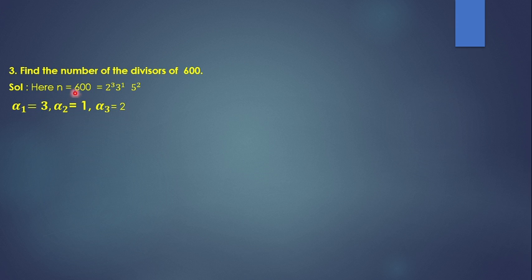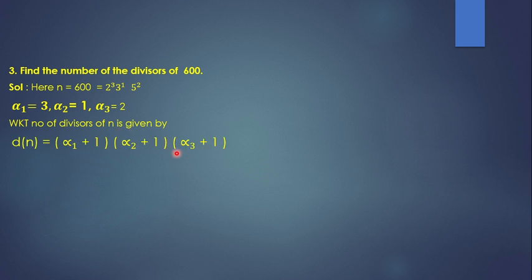That is, alpha 1 equals 3, alpha 2 equals 1, alpha 3 equals 2. We know that the number of divisors of any number is given by d of n. Since we have 3 alphas, we take only the product of 3 terms, that is alpha 1 plus 1, alpha 2 plus 1, alpha 3 plus 1. Substitute all the alphas and simplify. You have d of 600 equals 24.